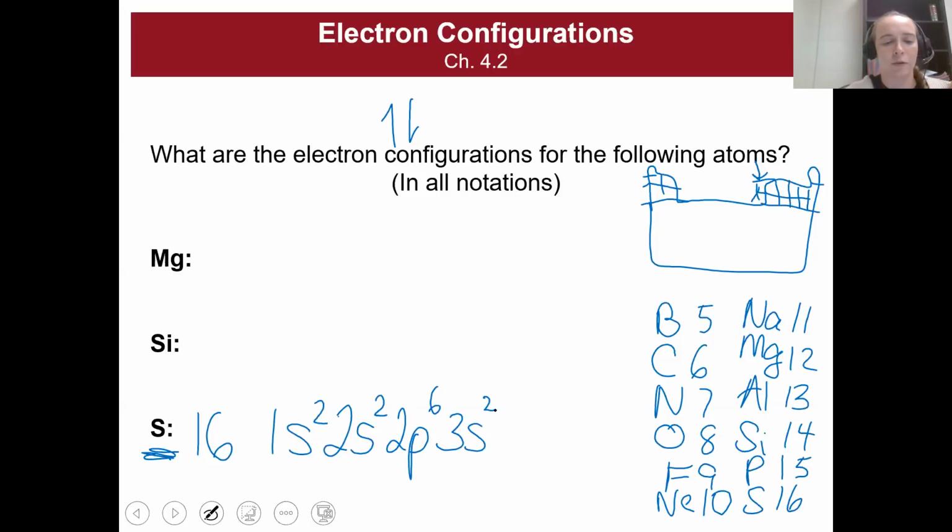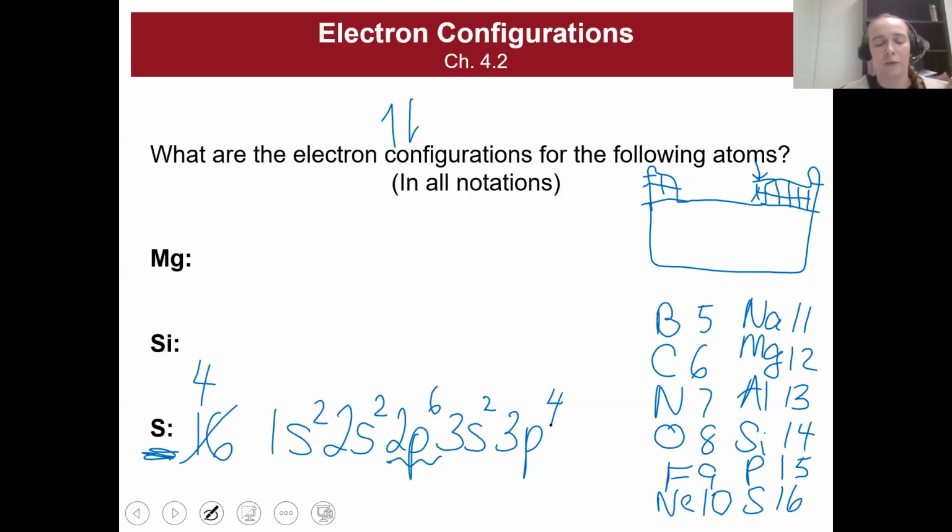We have 12 so far. So there's 4 left. So from our 2p orbital, we can see that there's a capacity of 6 electrons. So there's a capacity of 6 electrons in the 3p orbitals as well, but we only have 4.